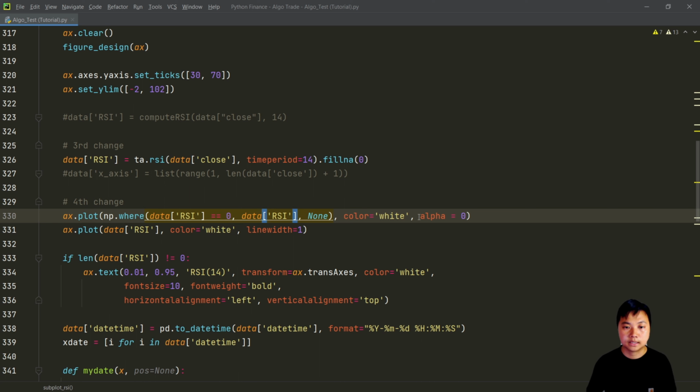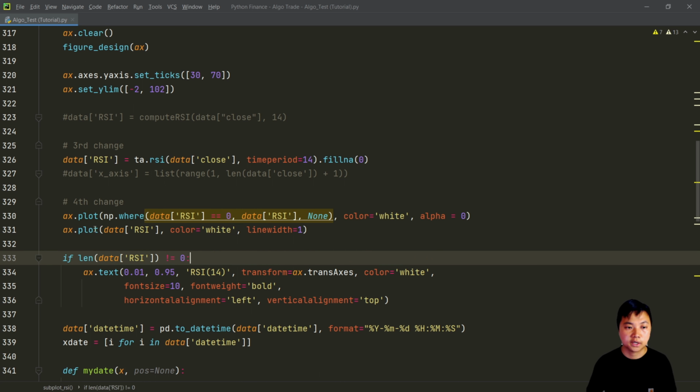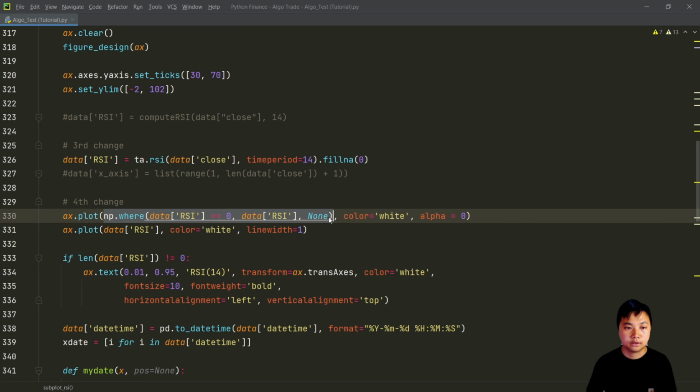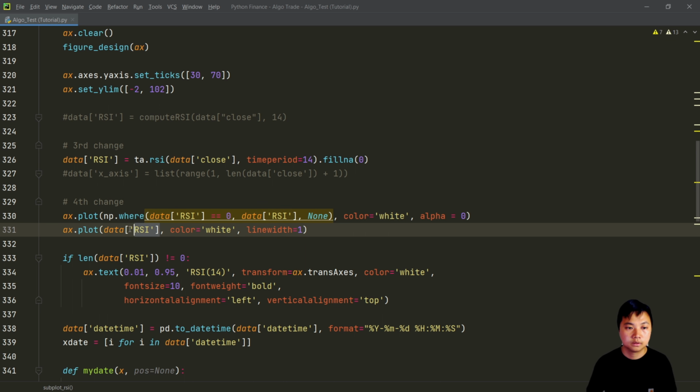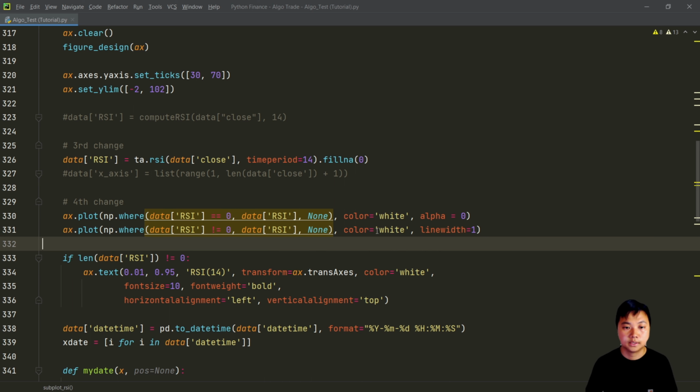And for these data, make these lines transparent. On the other hand, if the value is not equal to 0, just draw a white line for that. And these 4 minor changes will help us fix the x-axis misalignment issues.